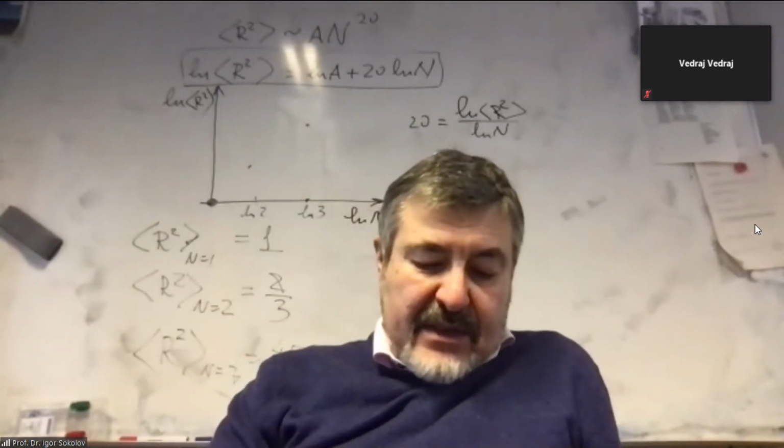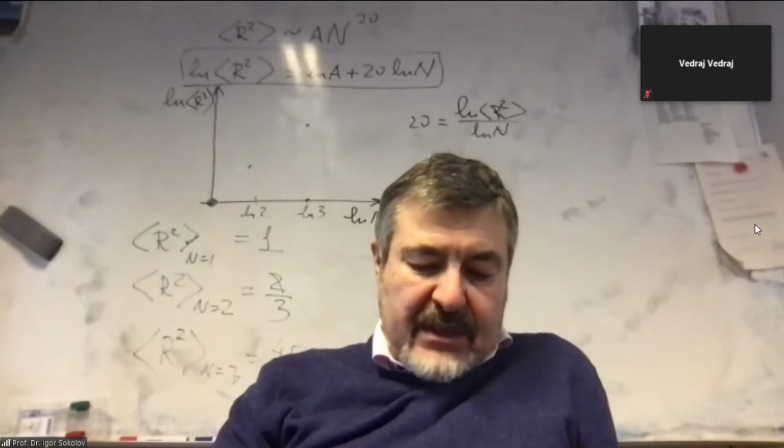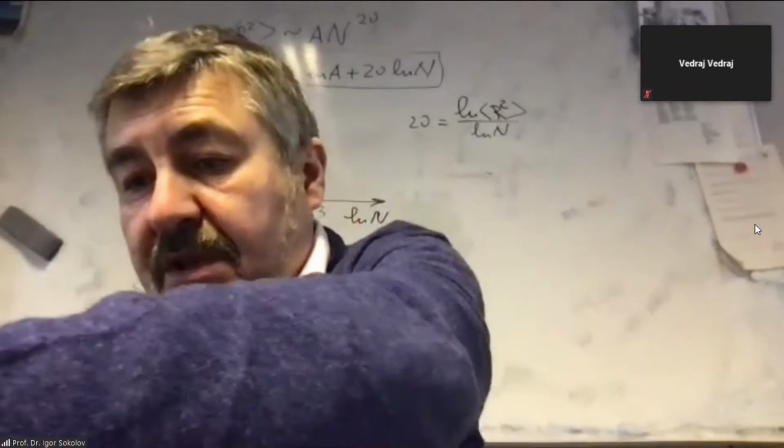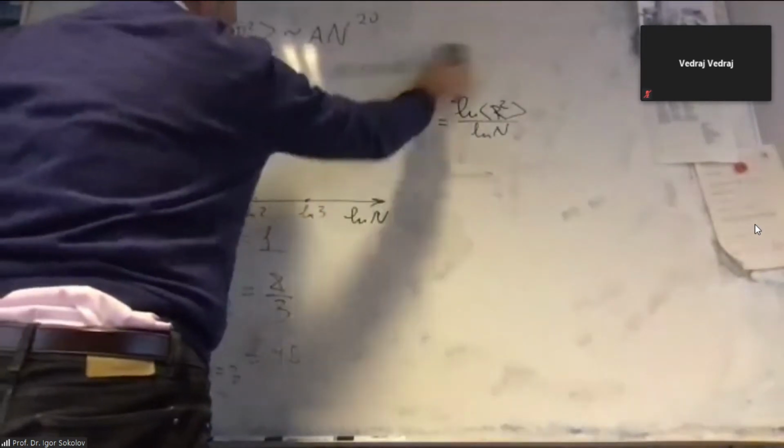This is exactly this r squared, the dependence of r squared on n for the case of the self-avoiding chain. So for both variants, let me remove this and return to the discussion.